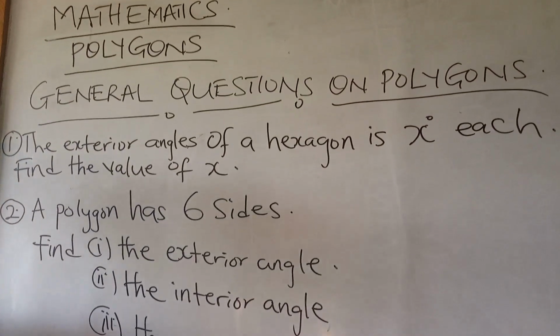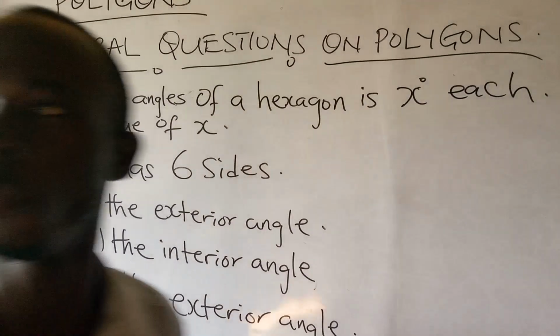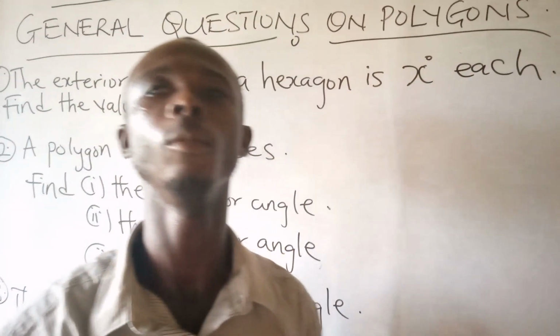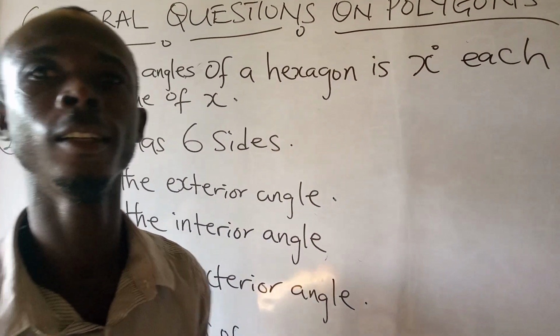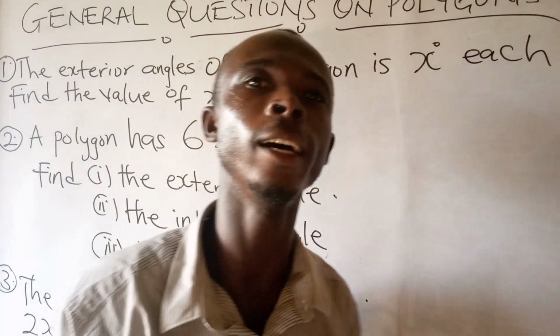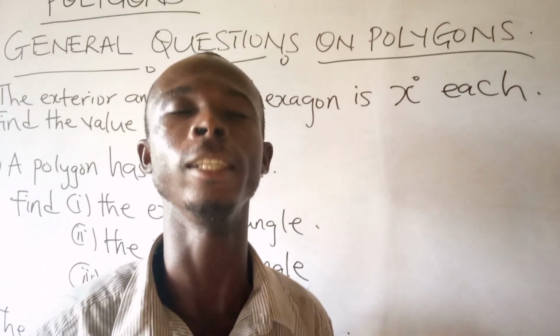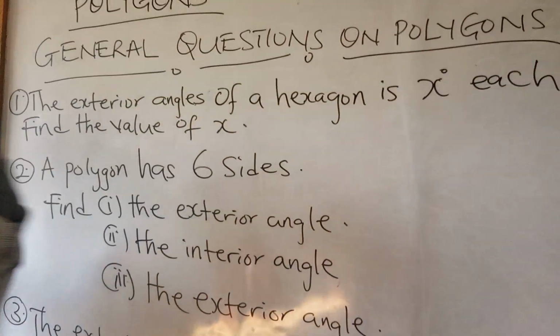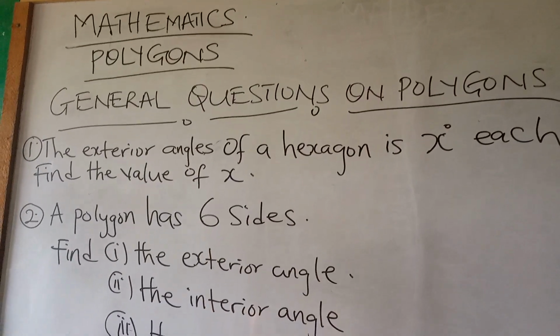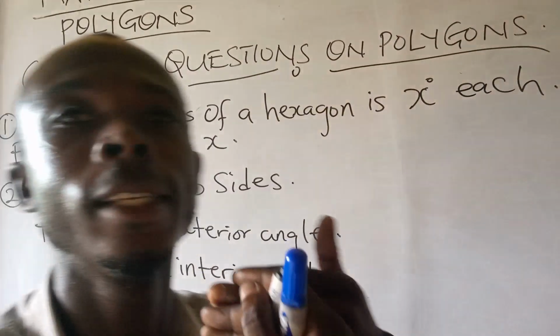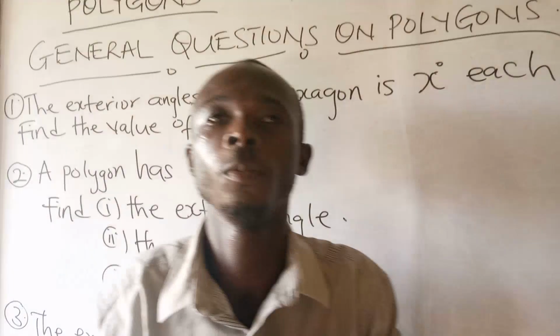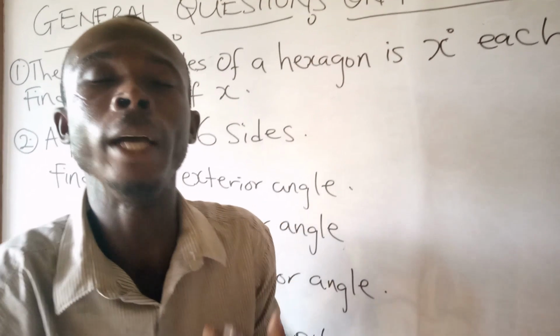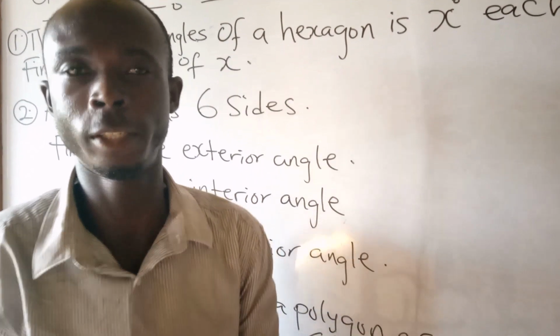And I now believe we all know how to find the sum of interior angles and exterior angles. We now want to take general questions on polygons, because there are application questions on polygons that we can't solve by the formula approach.